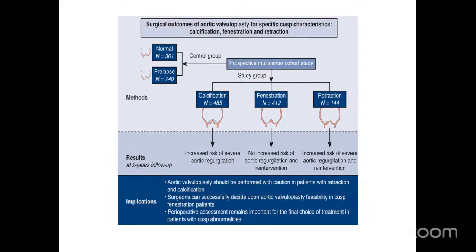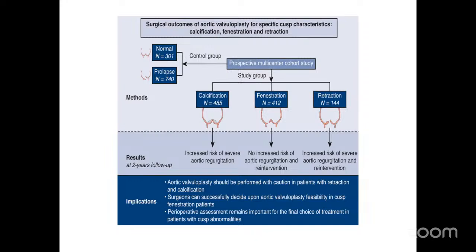Two-year follow-up results: patients with calcification have increased risk of severe aortic regurgitation after repair. Patients with aortic valve fenestration have no increased risk of aortic regurgitation and reintervention. However, patients with valve retraction had increased risk of severe aortic regurgitation and reintervention.